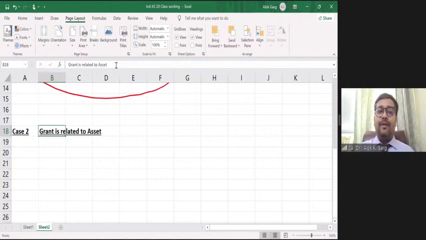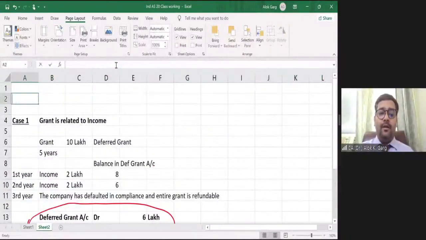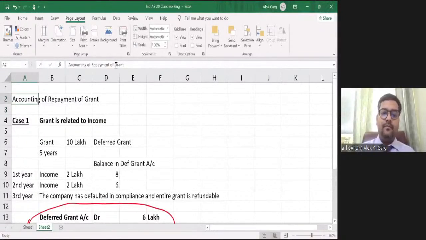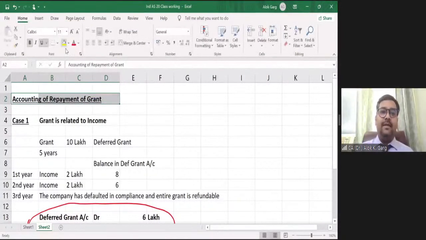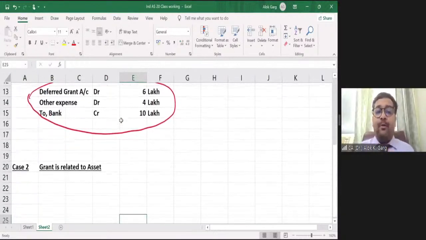For understanding the accounting of repayment of grant, it is very important to understand which approach has been followed.